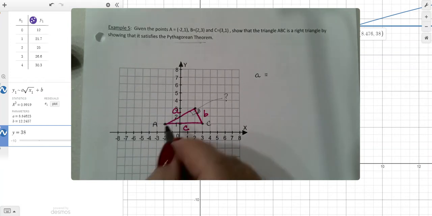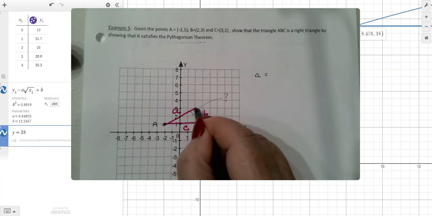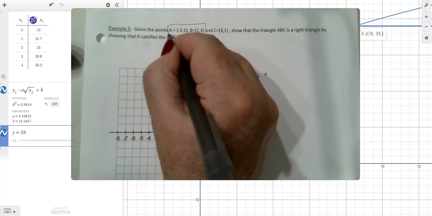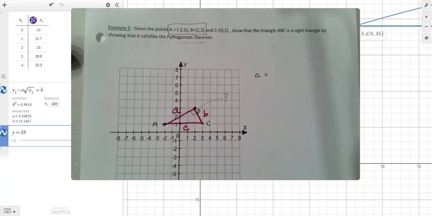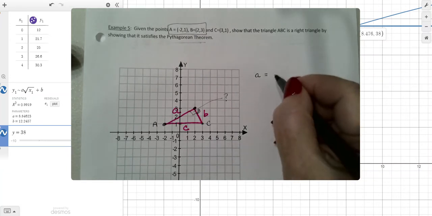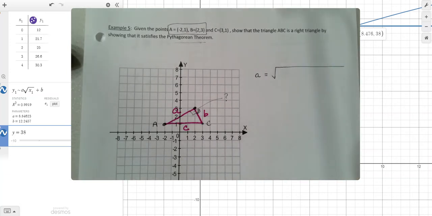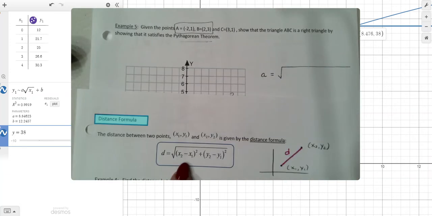Little a is the distance between A and B. So if I think about my 2 points here, A and B, and I put those into my distance formula, I'd have the square root of, and just a reminder, subtract the x's, square that, and subtract the y's and square that, right?